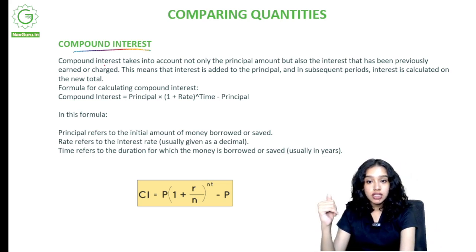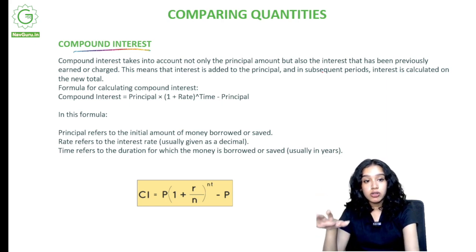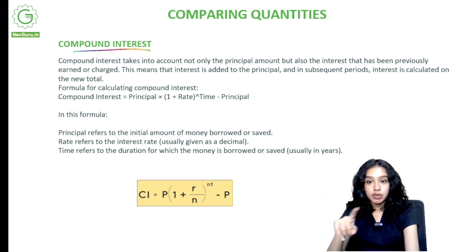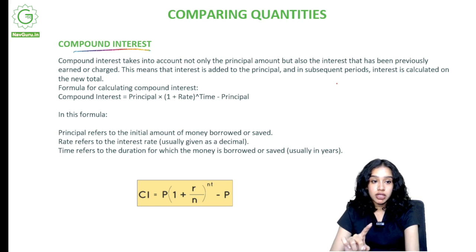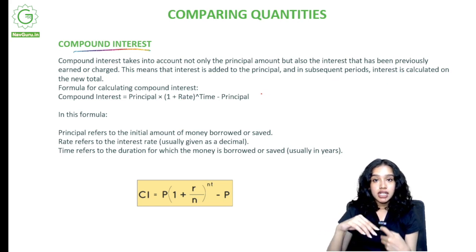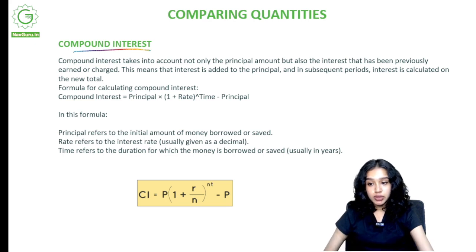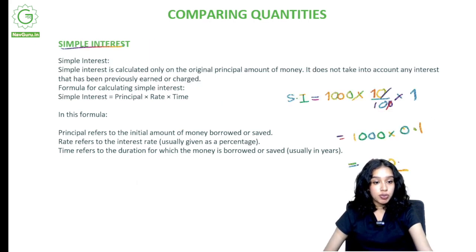So, compound interest takes into account not only the principal amount, but also the interest that has been previously earned or charged. This means that the interest is added to the principal, and in subsequent periods, interest is calculated on the new total. So basically, after 1 year, according to simple interest, we had 100 rupees interest and our principal was 1000.